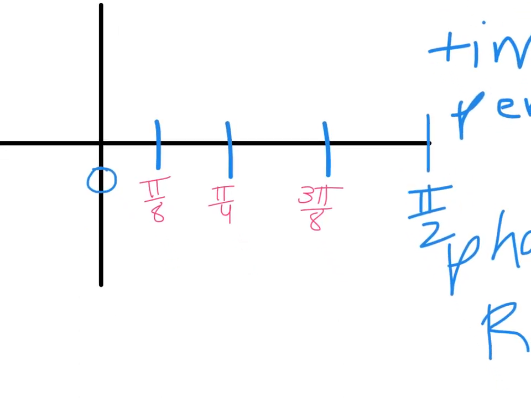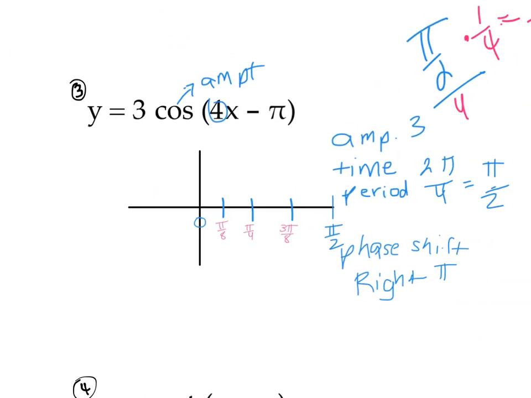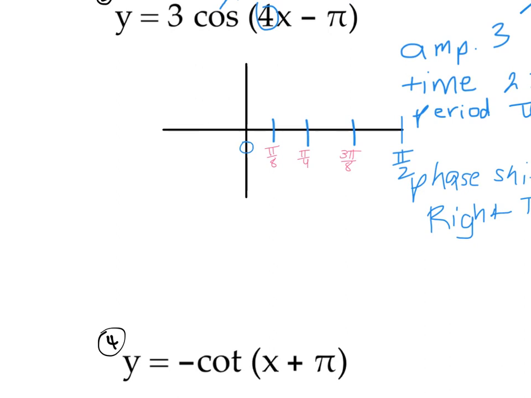Okay, so here is my original. If I was just doing my cosine curve over the original time period of 0 to pi over 2. But I'm not. I'm taking that curve and I'm doing what to it? I'm adding pi. I'm shifting it to the right. So what do I have to do to every single one of those numbers? I have to add pi to it. So if I were you, this is what I would do. I would say, okay, let me write down what I have.